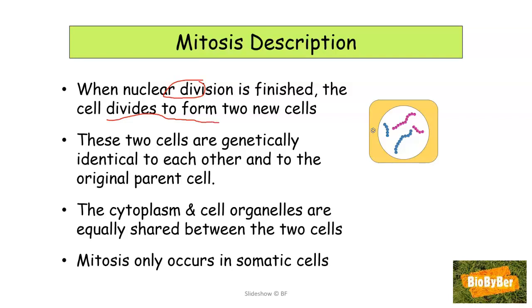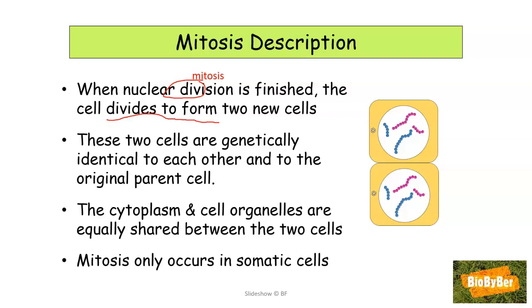The cytoplasm has to divide. These new cells are genetically identical to each other and to the parent cell. So the two cells are clones. What's interesting is that the cytoplasm and the cell organelles are equally shared between the two cells as well.